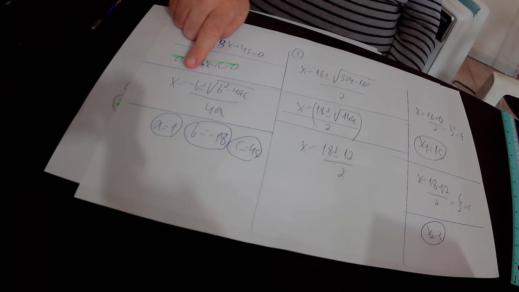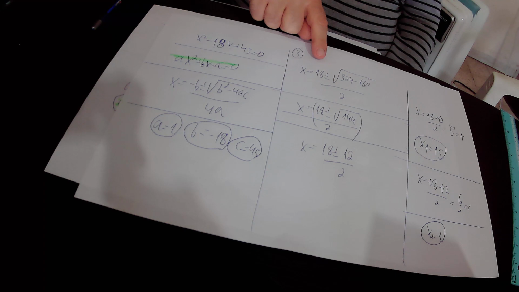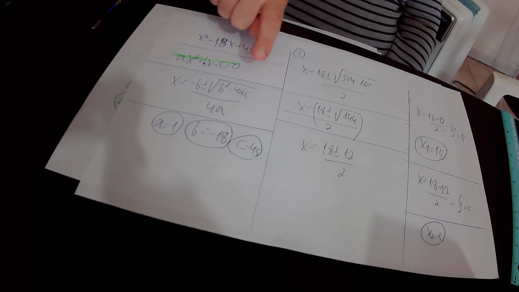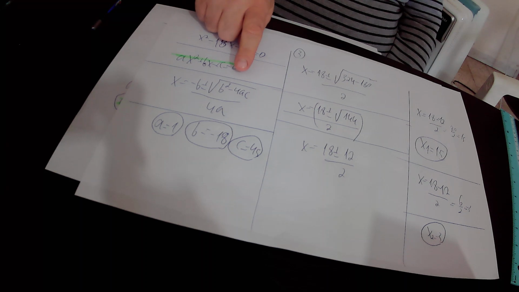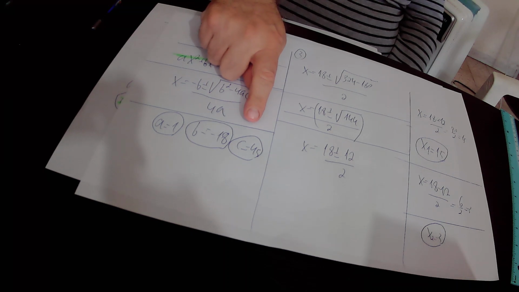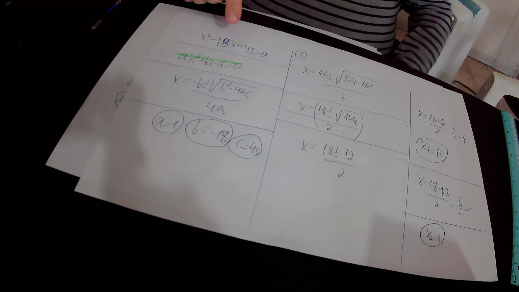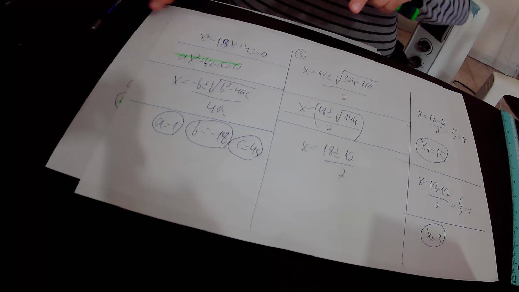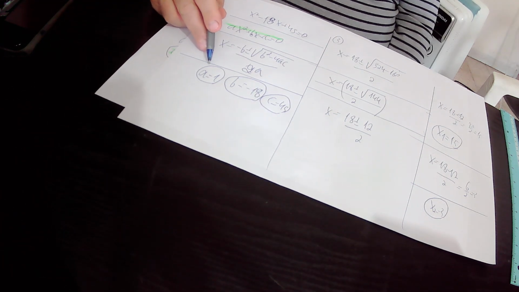So according to the general formula, x equals minus b. b is minus 18, so minus b is plus 18, plus or minus the square root of b squared. b squared is minus 18 squared, that is 324, minus 4 times a times c. a is 1, so minus 4 times 1 is minus 4, times c, that is 45, so minus 4 times 45 is minus 180, divided by 2a. a is 1, so 2 times a is 2.